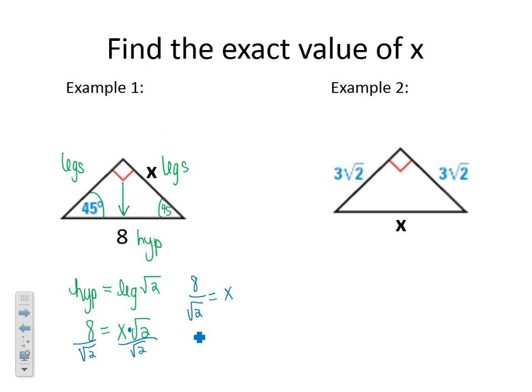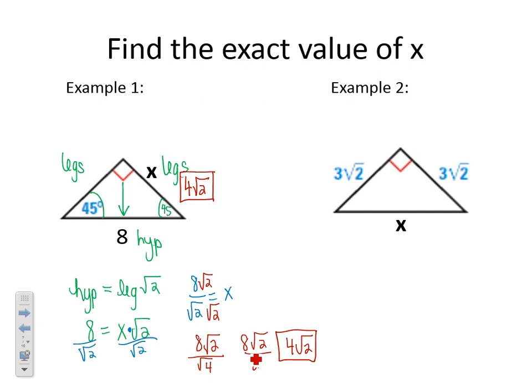So we need to multiply the top and the bottom of this fraction by the square root of 2. 8 square roots of 2 over the square root of 4, which would be 2. And 8 divided by 2 would be 4. So the legs would be 4 square roots of 2. Because 8 divided by 2 is 4. That's how I got that.